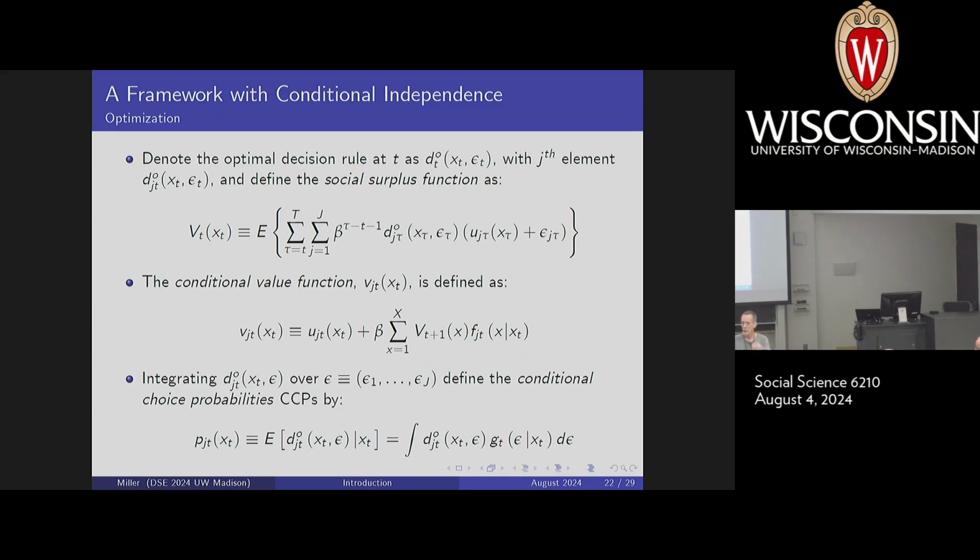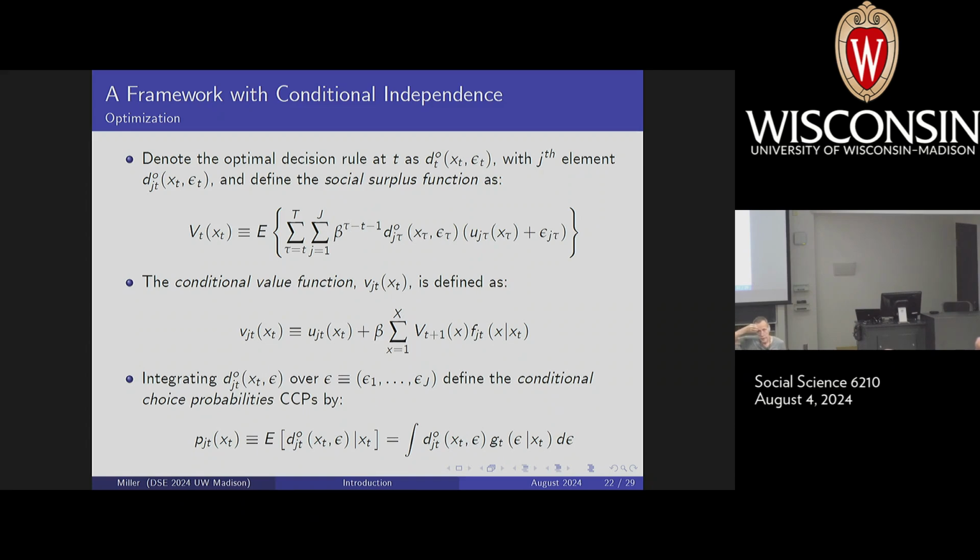The only difference here is that you've got a V instead of a U. The easy way to see that is, set beta equal to 0. Now what does the guy do? Well, he picks his biggest U plus epsilon j. That would be what would happen in a random utility model, static model.